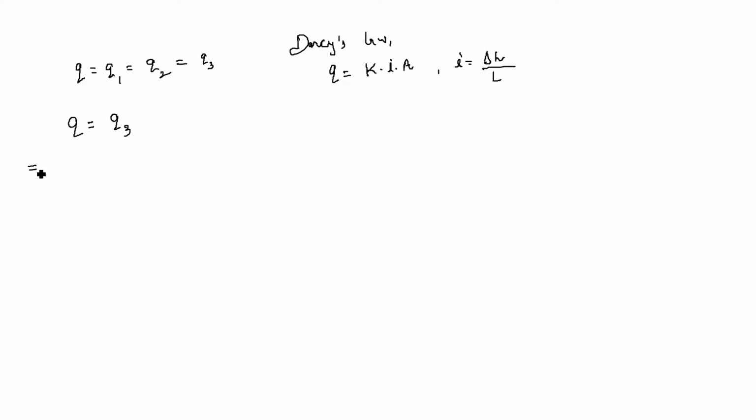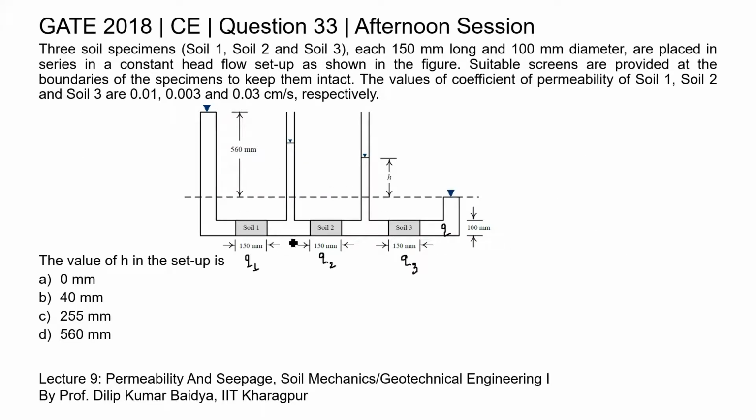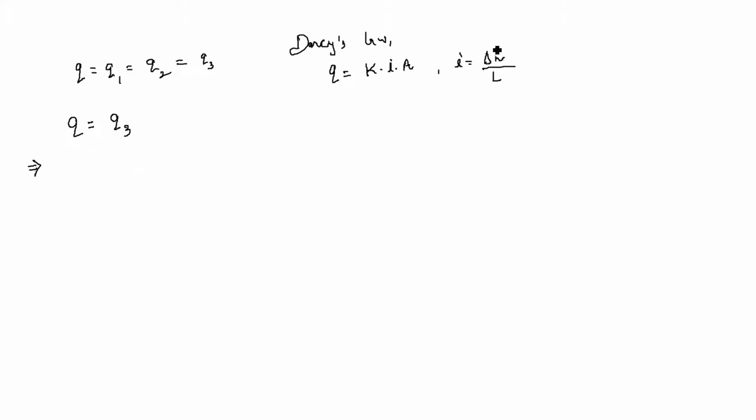So the net discharge through this setup is Kv into I equivalent into A, which is equal to Q3, that is K3 into I3 into the cross section area A.